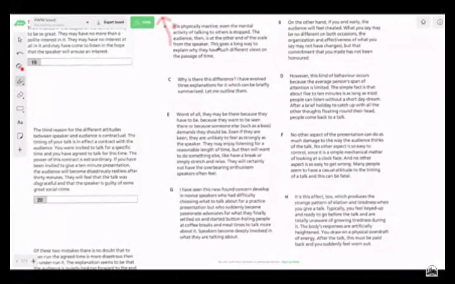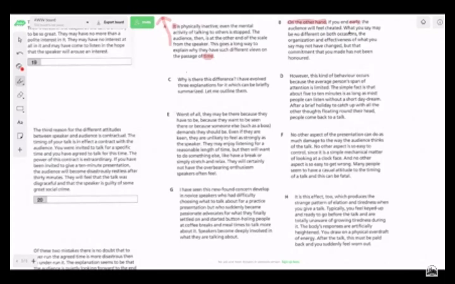And it's got this time theme, which you probably read in the article quite a lot. On the other hand, for B, "if you end early, the audience will feel cheated." What you say, commitment.